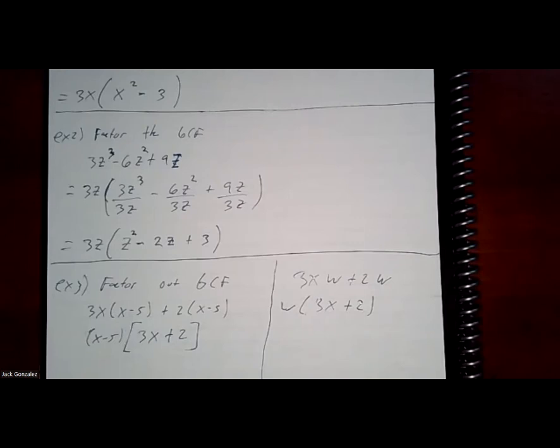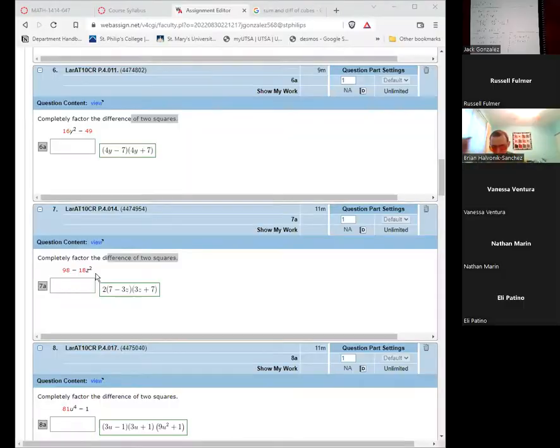Any questions on 1, 2, or 3? No. All right. The next 3 are difference of squares. So 6, 7, 8 is the same thing. They're just slightly different.